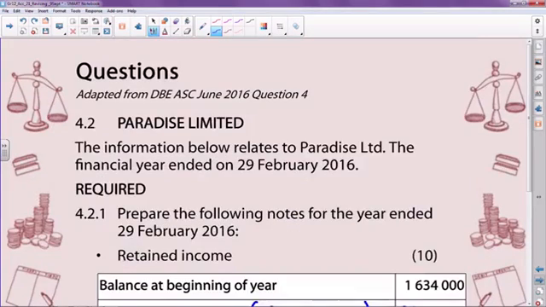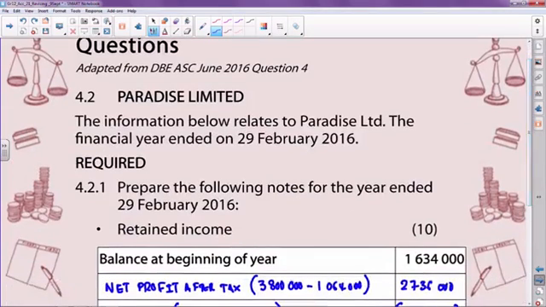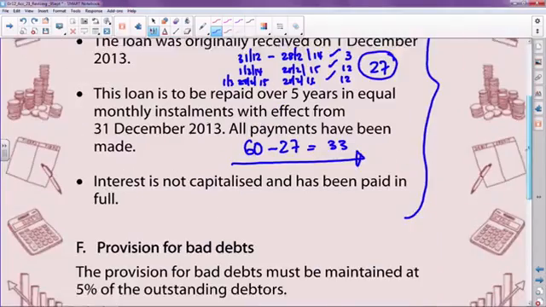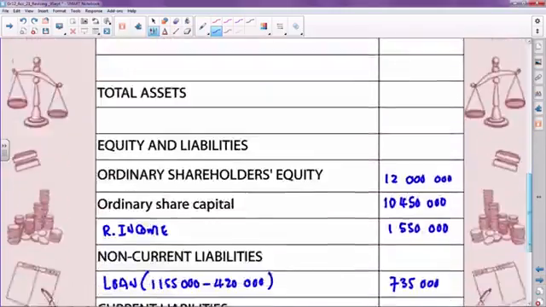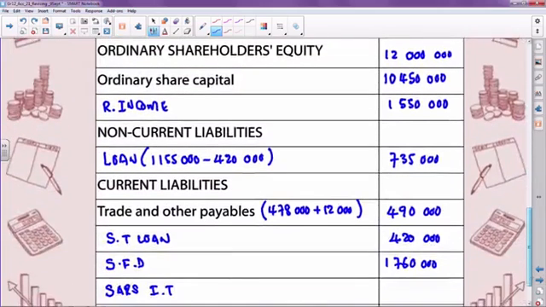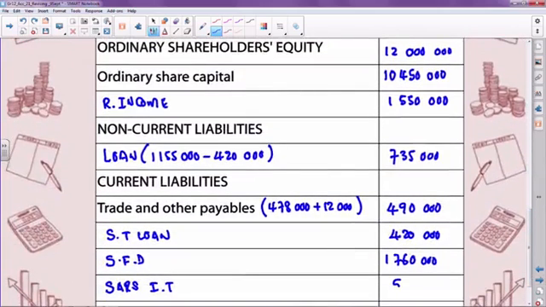This means, therefore, that you have 52,000 rand as a liability appearing under current liabilities, as the amount that you still owe to SARS.